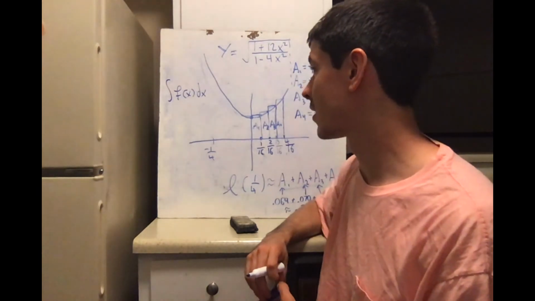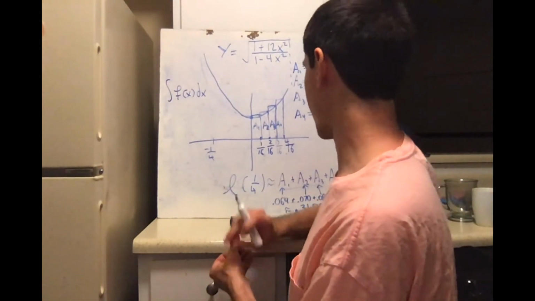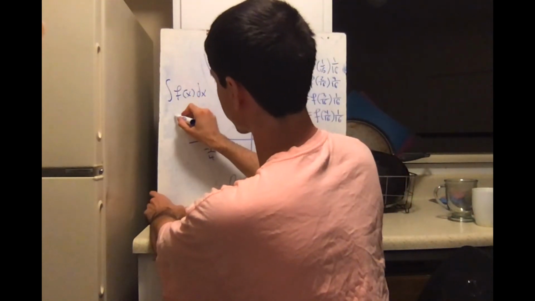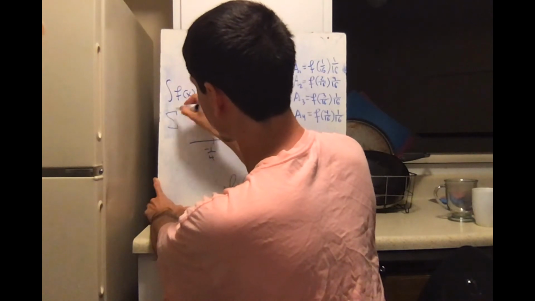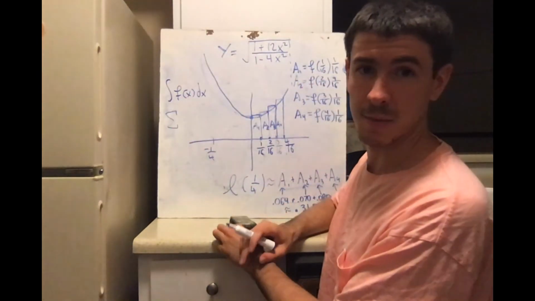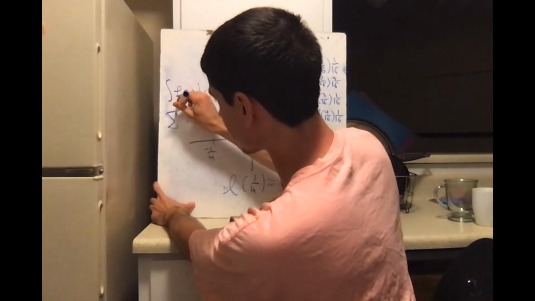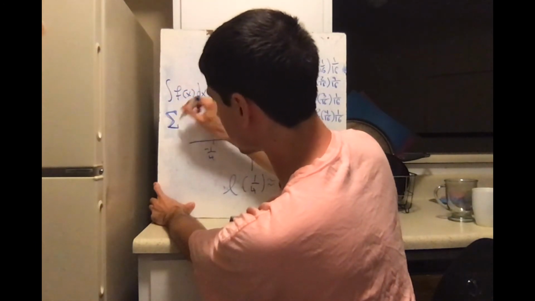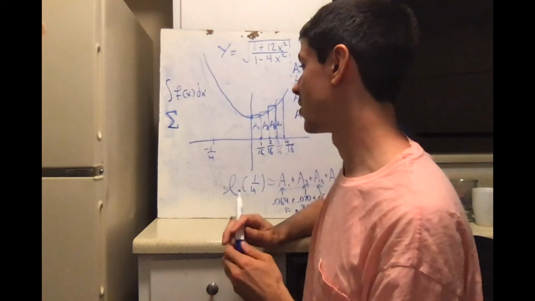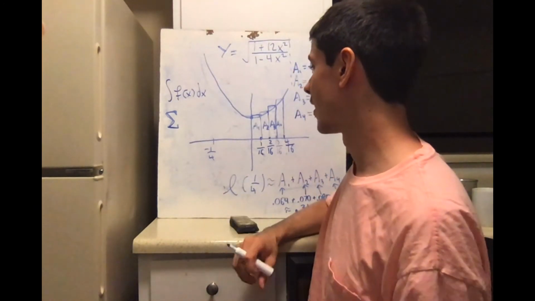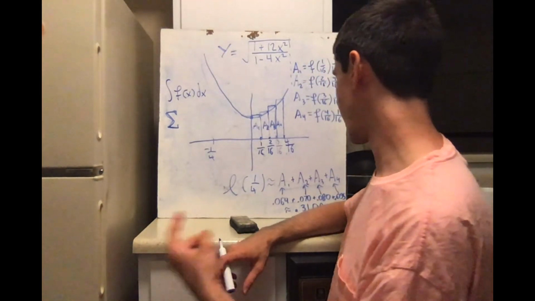But a mathematical symbol that's used for summing things together is this symbol, a capital sigma, a Greek letter, sigma for sum. It's used to sum together a finite number of terms.